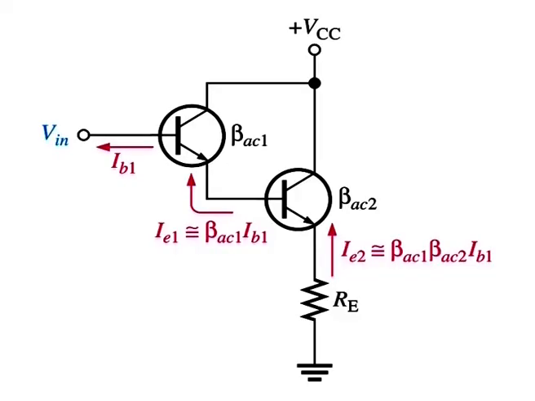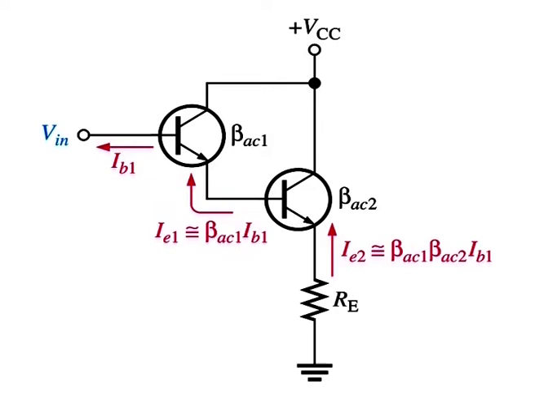One way to boost input resistance is to use a Darlington pair as shown in the figure here. The collectors of two transistors are connected and the emitter of the first drives the base of the second. This configuration achieves beta AC multiplication as shown in the following steps.